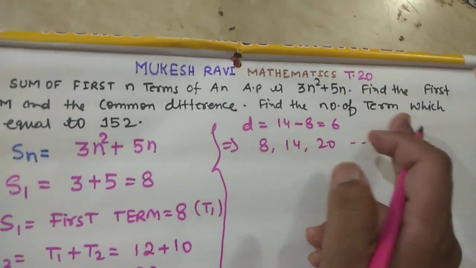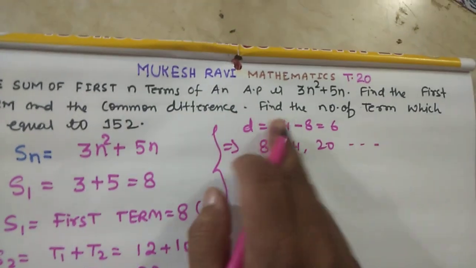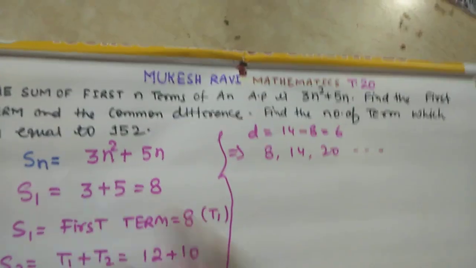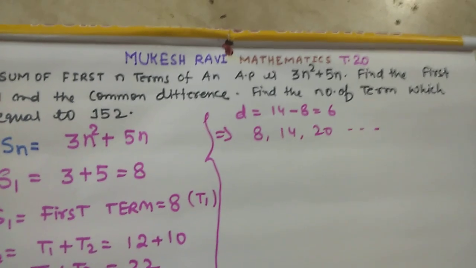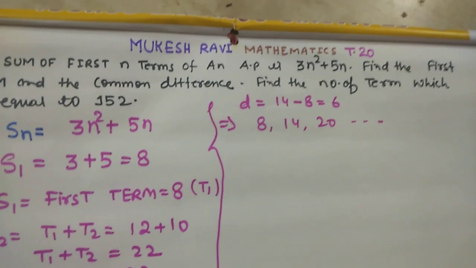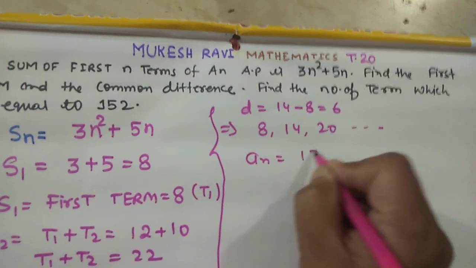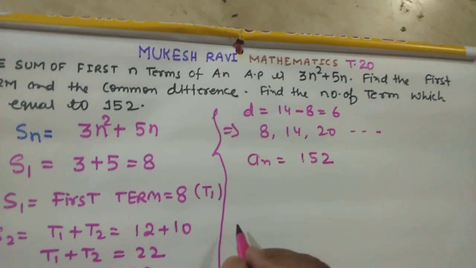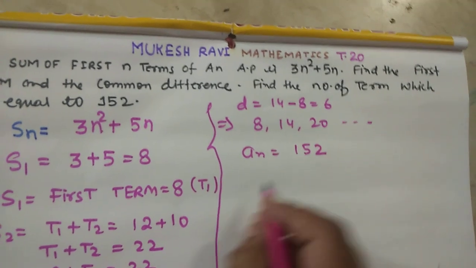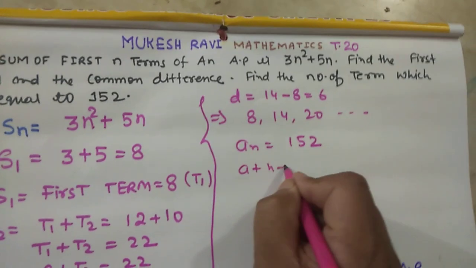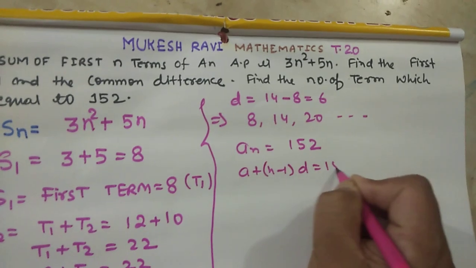Now find the number of terms which is equal to 152. So an equal to 152. So a plus n minus 1 d equals 152.